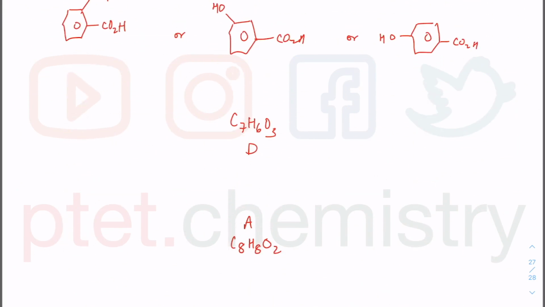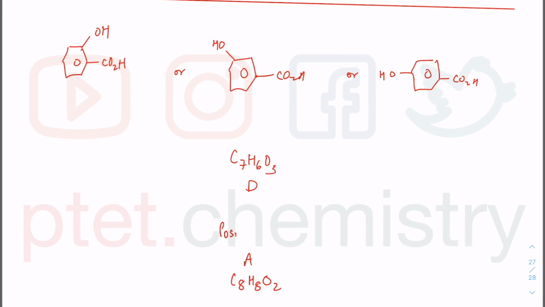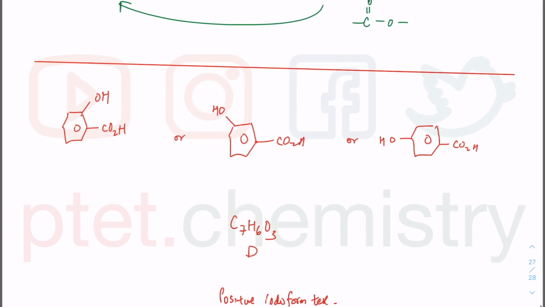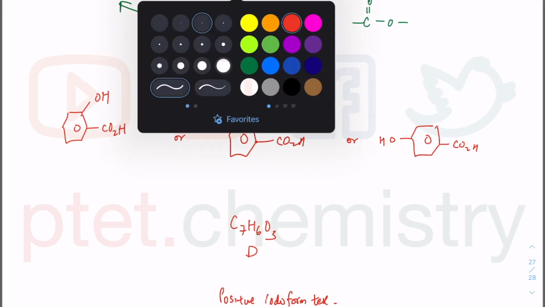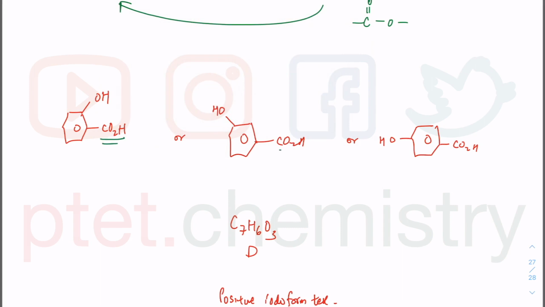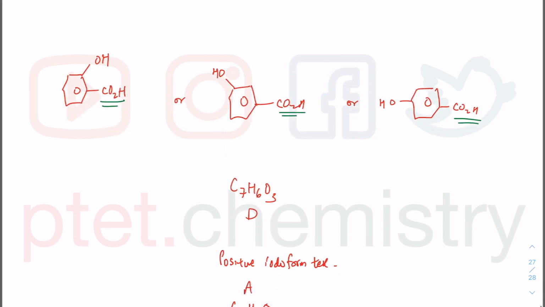I have a positive iodoform test. So remember, when I have a positive iodoform test, I will cut off the CH3CO or the CH3CHOH. So it has to be the other thing. It has to be the carboxylic acid that actually gives me the original group there.